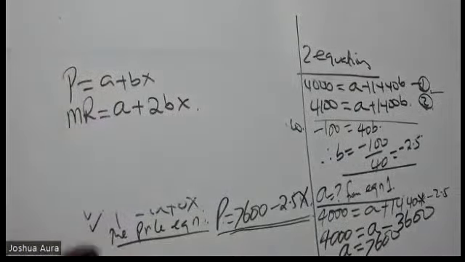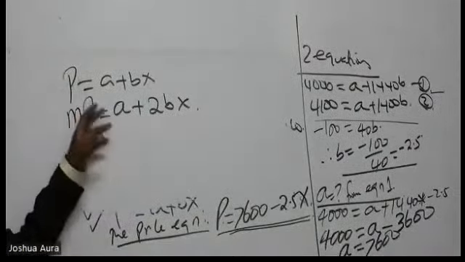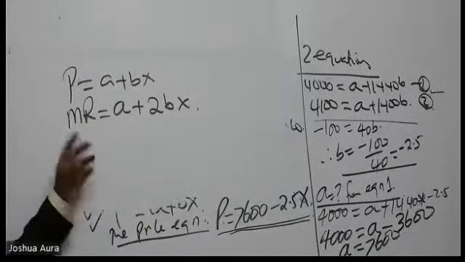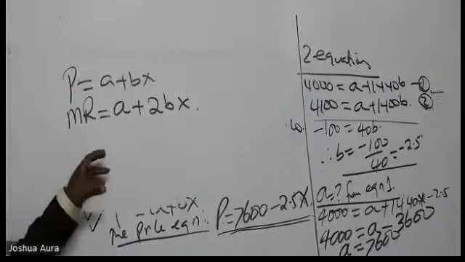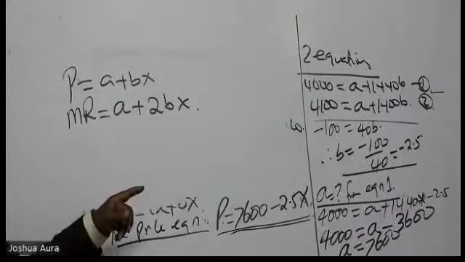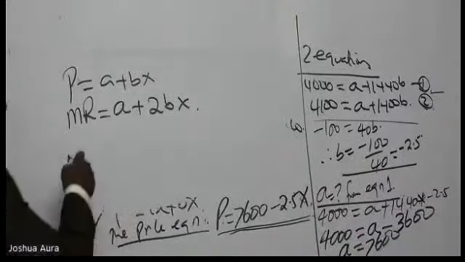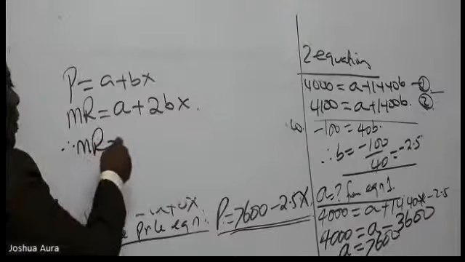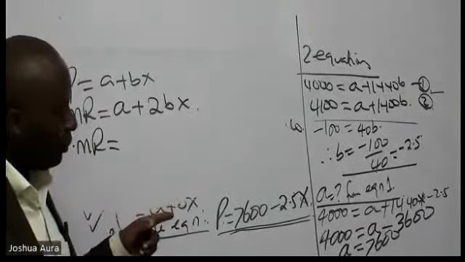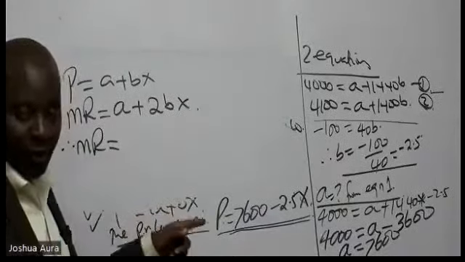In my class, I must have told you that if price is A plus BX, then marginal revenue, you can take this shortcut, is A plus 2BX. Now listen, in this question, do we know what our A is? 7,600, isn't it?